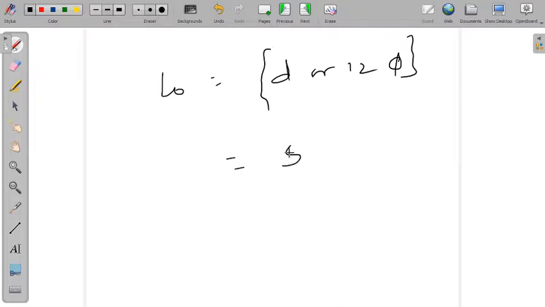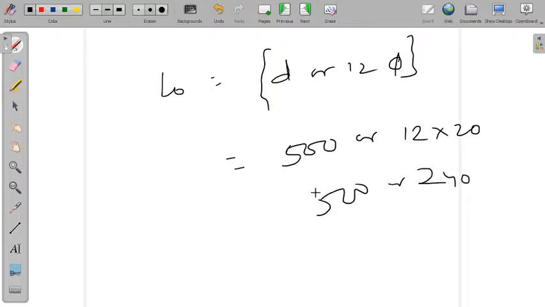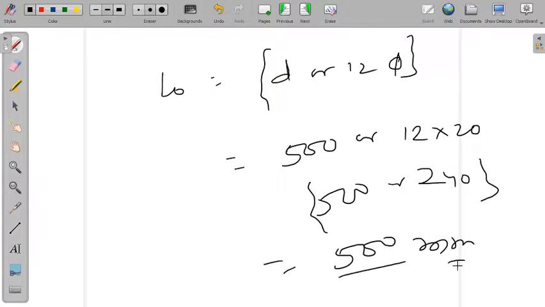In our case D is 500, or 12 phi means 12 into 20, which is 240, or 500. That means I can provide a maximum of 500 mm of L0.